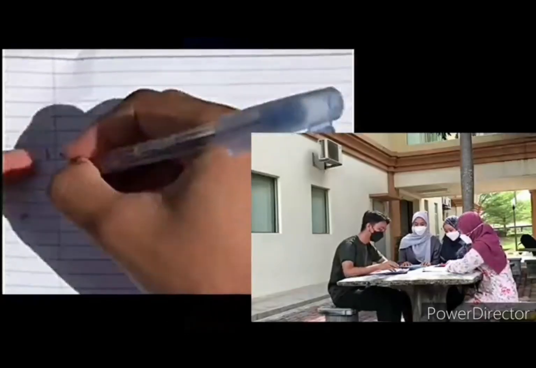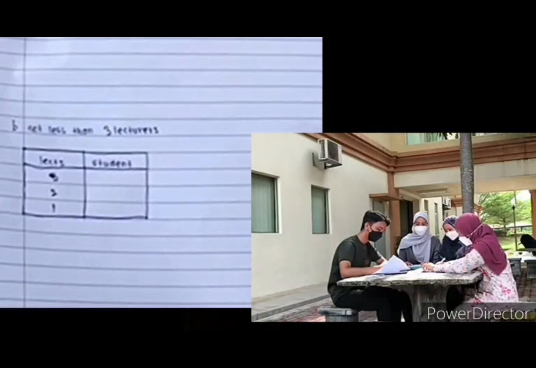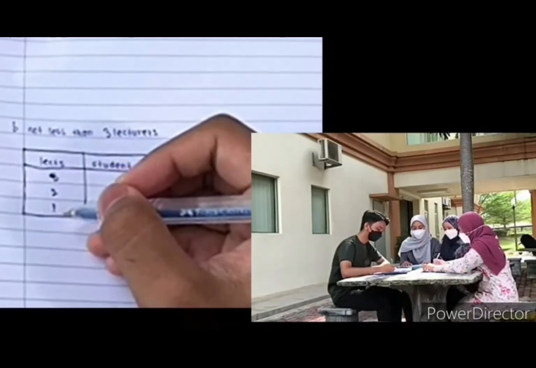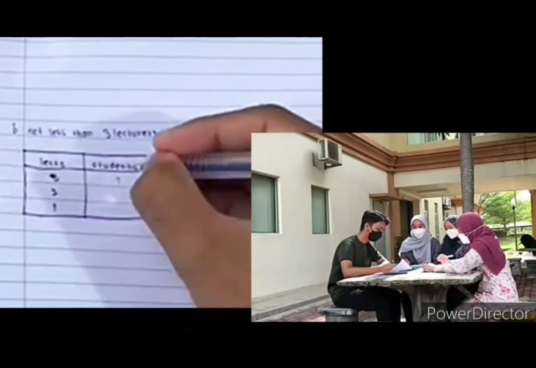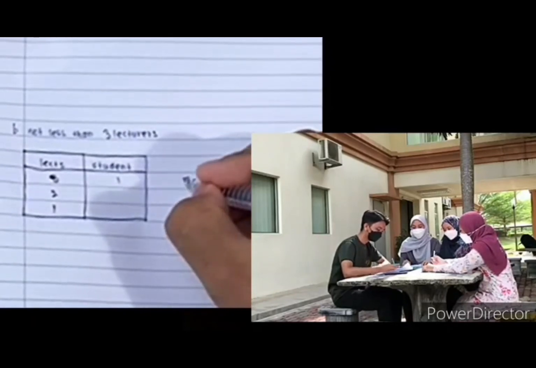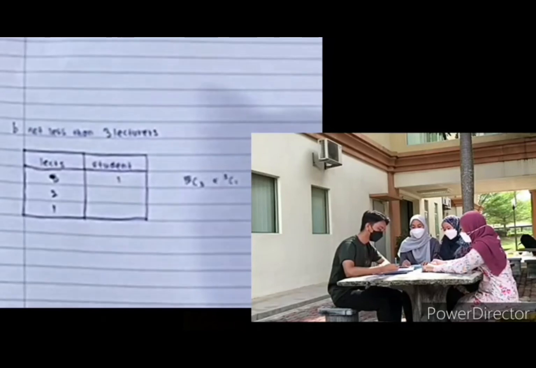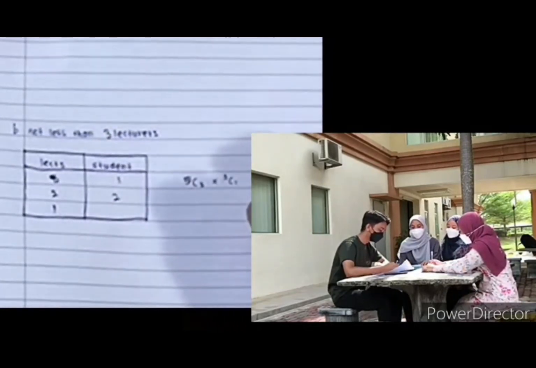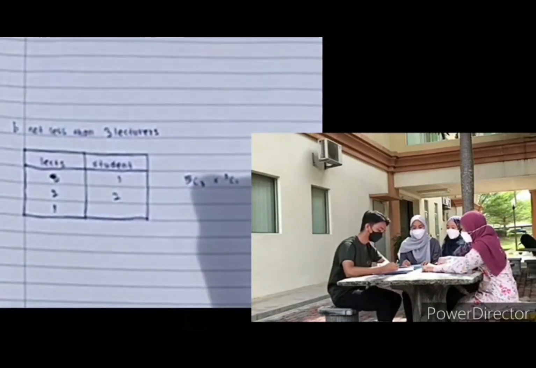For question B, we want to choose not more than 3 lecturers. So we must choose 3 or fewer lecturers. For example, 3 lecturers, 2 lecturers, and 1 lecturer. For case 1, we want to choose 3 lecturers and 1 student. So we choose 3 lecturers from 5 lecturers multiplied by 1 student from 3 students. For case 2, we want to choose 2 lecturers and 2 students, so we choose 2 lecturers from 5 multiplied by 2 students from 3.